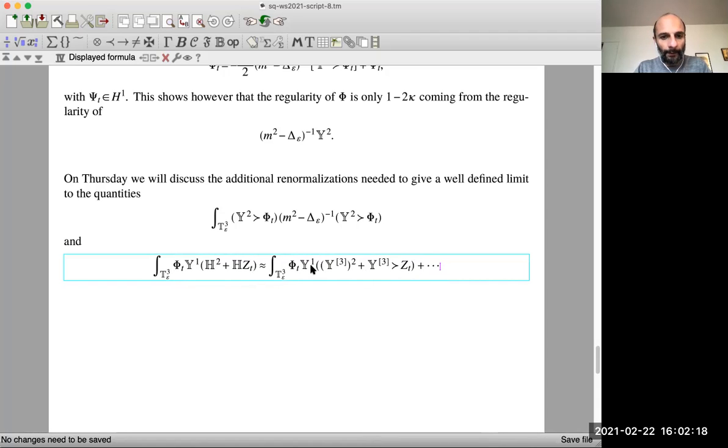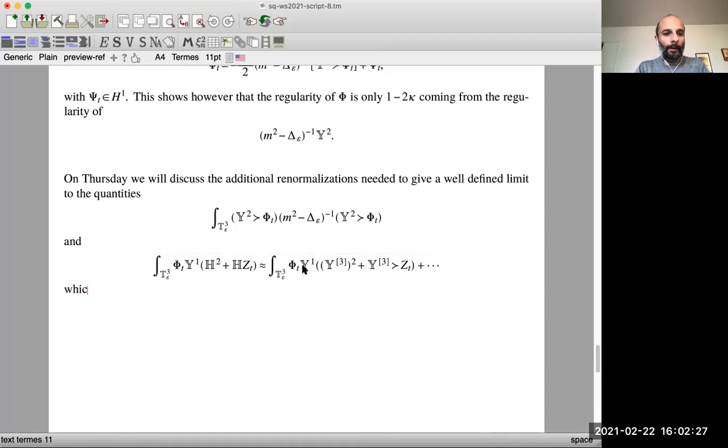Okay, but somehow this term requires renormalization, which diverges as epsilon goes to 0. So I will explain this part, okay? That's this more subtle renormalization.